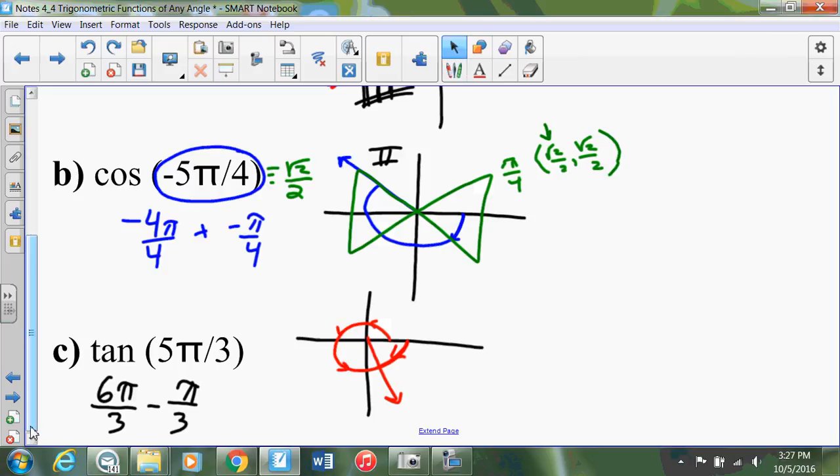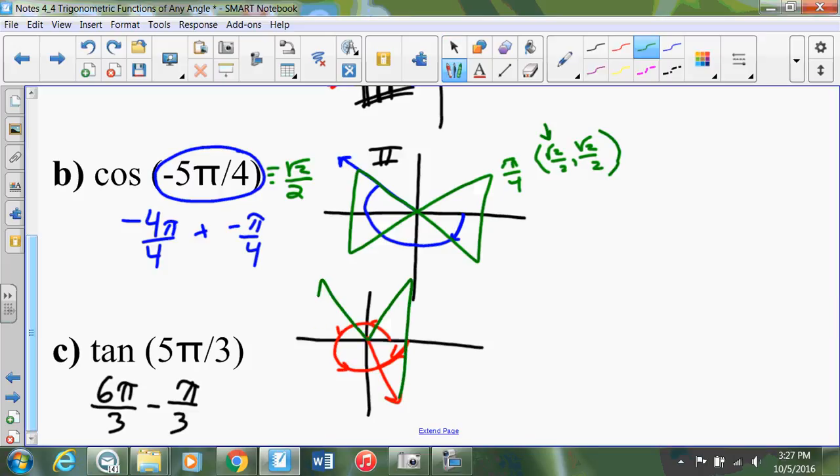If I think about the bow tie that 5π/3 belongs to, it belongs to the bow tie that has all angles that are π/3 away from the x-axis, or 60 degrees away from the x-axis. So my reference angle is π/3, and my coordinate point there is (1/2, √3/2).